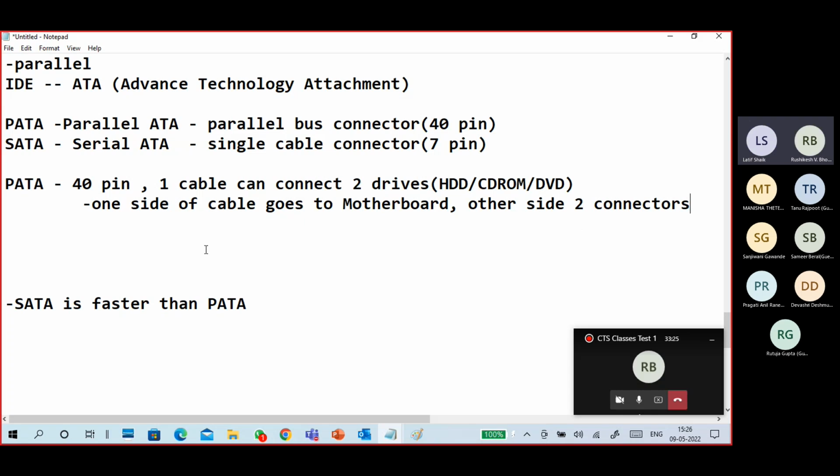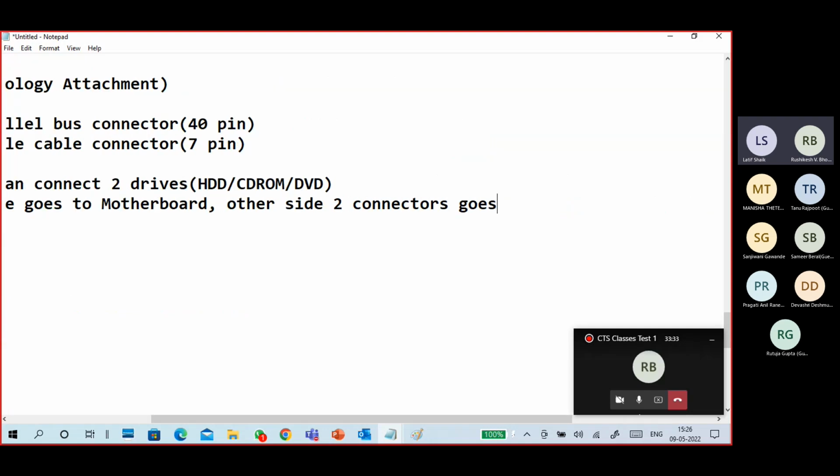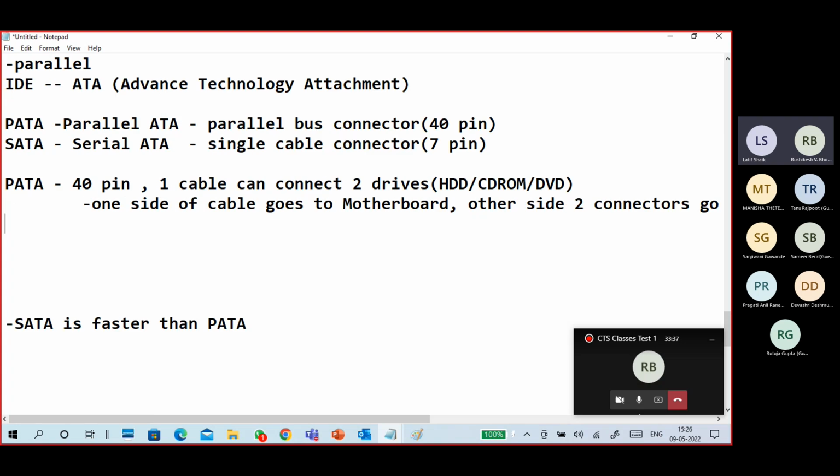Okay, so one side of the cable goes to the motherboard, and on the other side we have two connectors that go to drives. That is a simple thing.